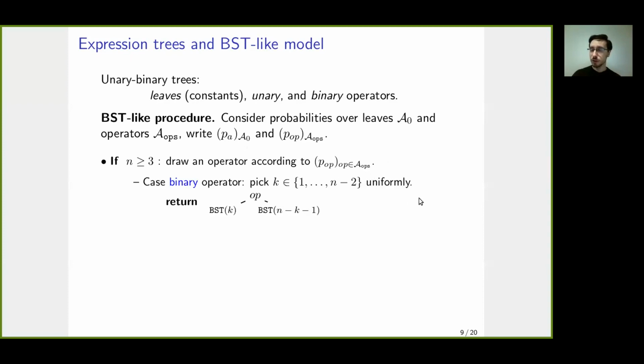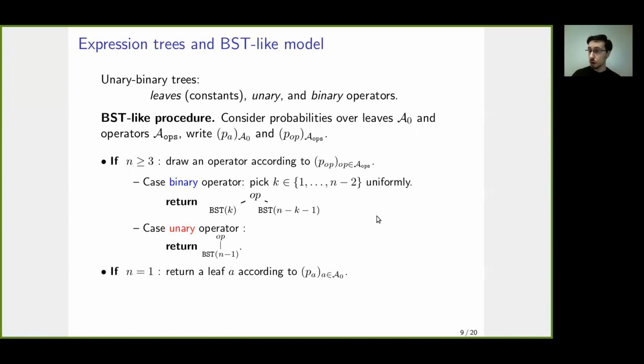If the operator you get is binary, then you pick the sizes of the children uniformly. If the operator were unary, then you just produce the child with now n-1 nodes recursively by the same procedure. If the number of nodes were 1, then we would just pick a random leaf according to the probability vector for the leaves.